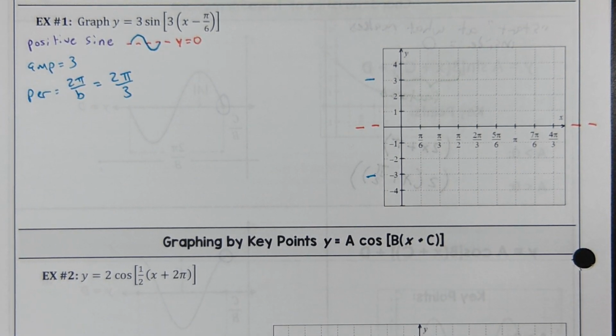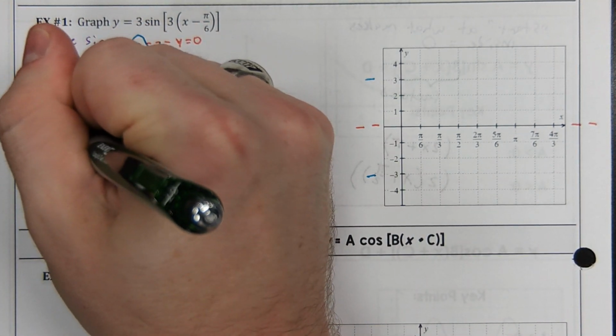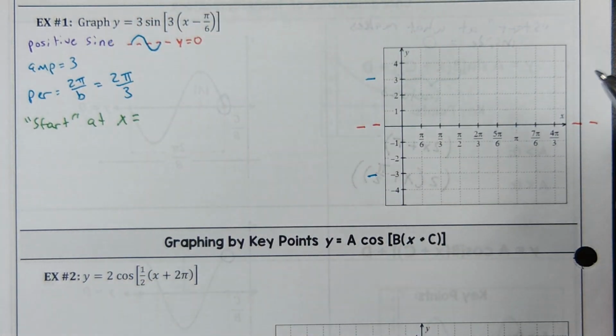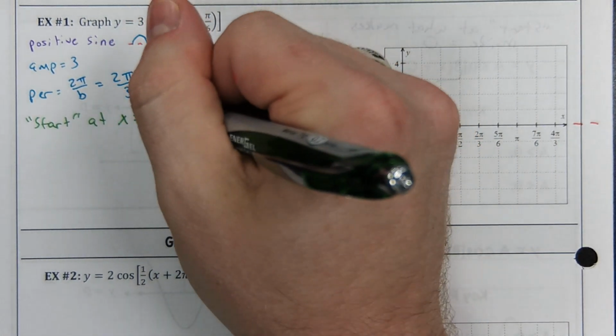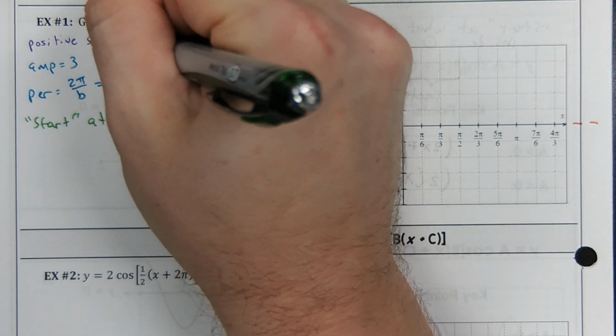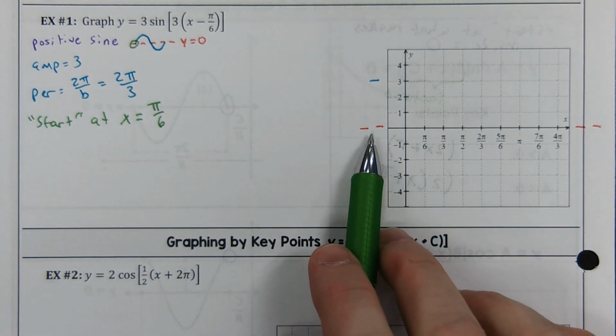Awesome. Lastly, where do we start? The number that makes the inside equal 0, which is pi over 6. This is at x equals pi over 6, and the midline is right there.